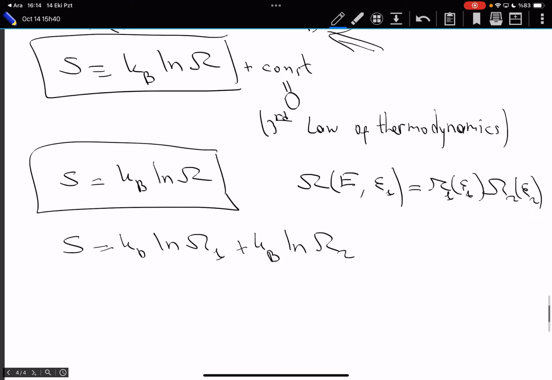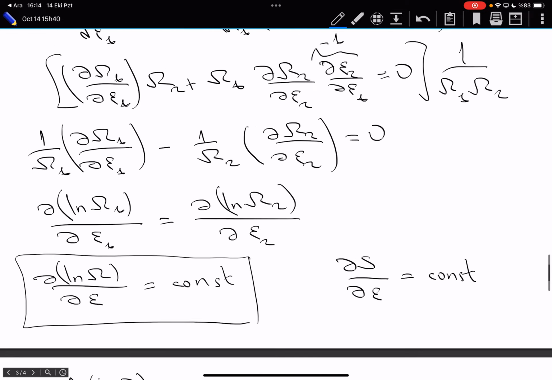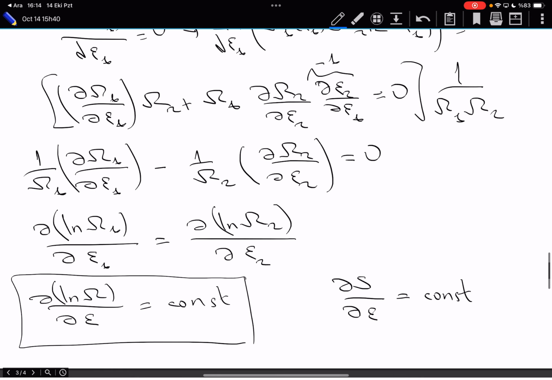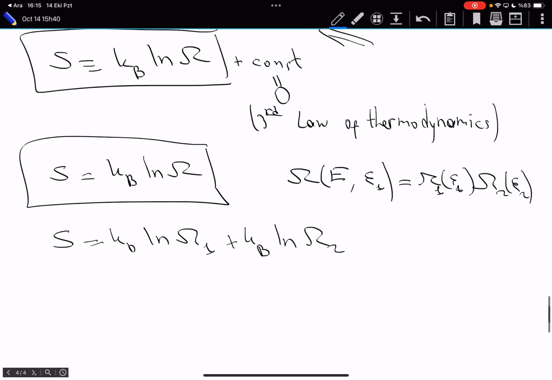And if at a given instant epsilon 1 is not at its most probable value, we have just discussed over here that epsilon 1 will evolve into the more probable values. That is the most probable evolution of my system. But as it moves to more probable values of epsilon 1, the entropy of the system increases.